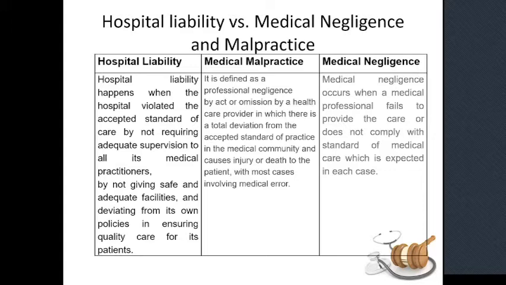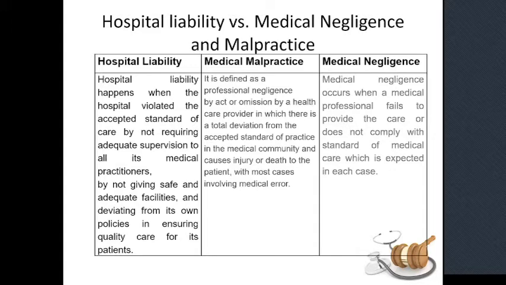However, how is it different from medical malpractice? Medical malpractice happens when you have medical negligence, a deviation from the accepted standard of practice in a medical community, plus, aside from medical negligence, you now have the element of injury or death. Once you cause injury or death to the patient due to the medical error of the doctor or any medical personnel, that will constitute medical malpractice.